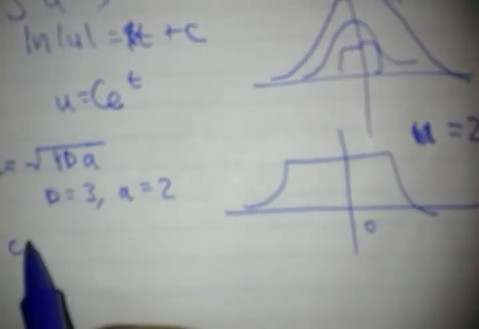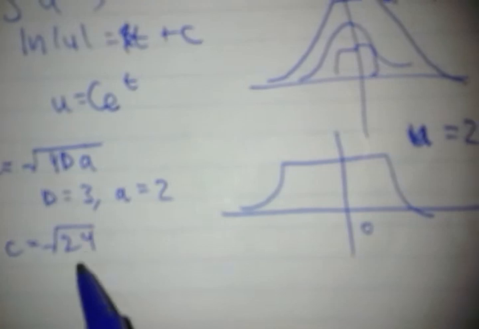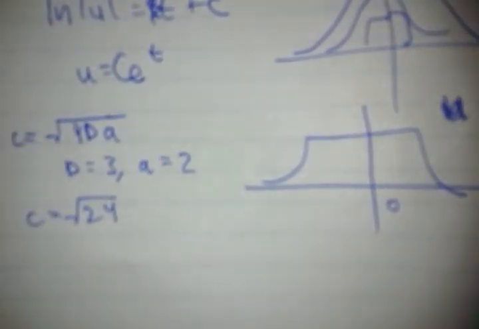We discussed in our problem that D is equal to 3 and A is equal to 2, which means in this problem it's equal to the square root of 24, which is equal to 2 root 6. Width is just equal to velocity times time, because velocity is change in position over time, so if you multiply it by time, we have the distance, which is what we want.